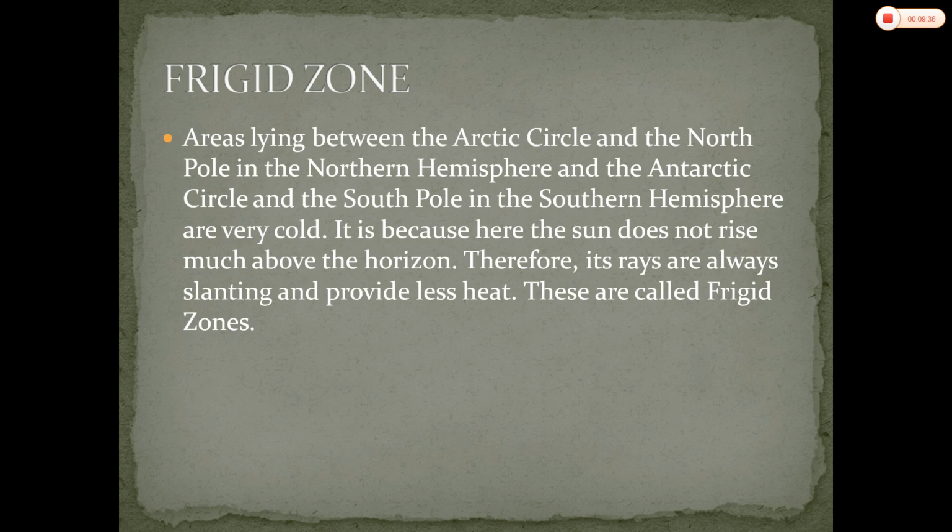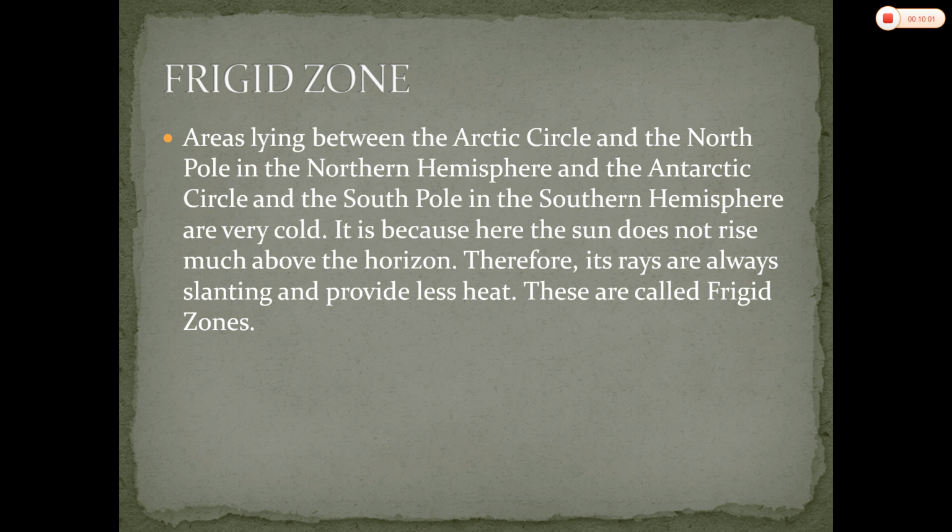But in these regions of the frigid zone, the sun does not rise much above the horizon. That means if you go into that region, the sun rises just a little above the horizon, not in the middle of the sky.